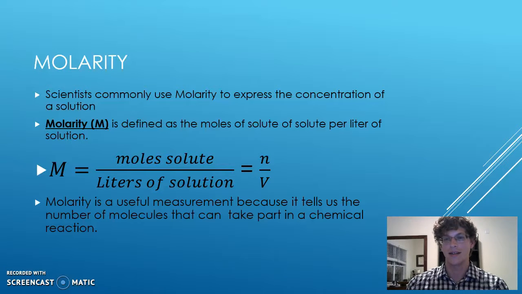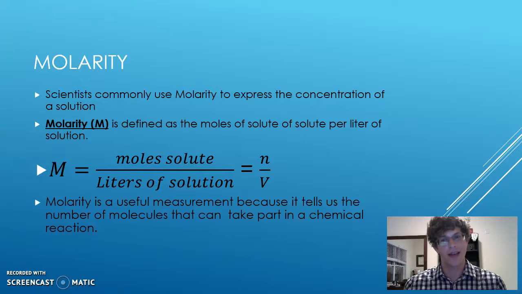You know how much acetic acid is in your vinegar solution, and you want that to react completely with the baking soda. If you use too much vinegar, you're just wasting the vinegar, and that part of the acetic acid is not going to react at all. If you don't use enough vinegar, then there's still baking soda left over that could have made more of a volcanic explosion for a science experiment.